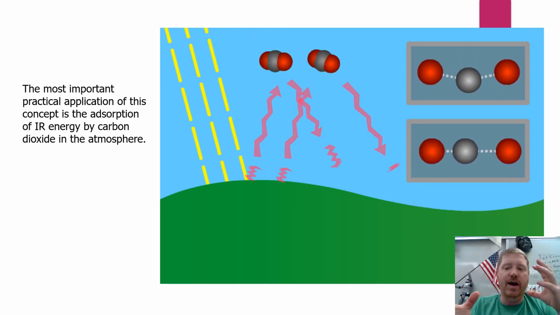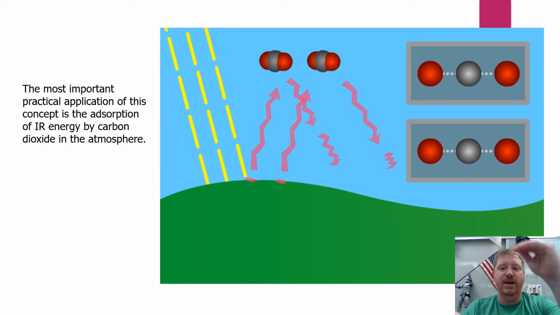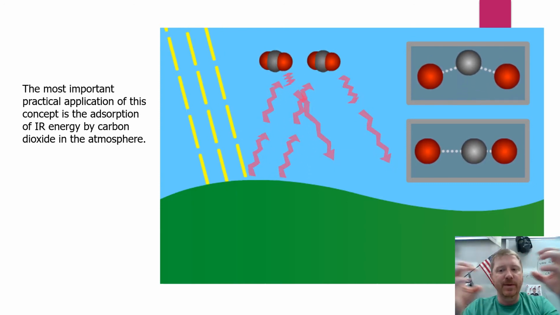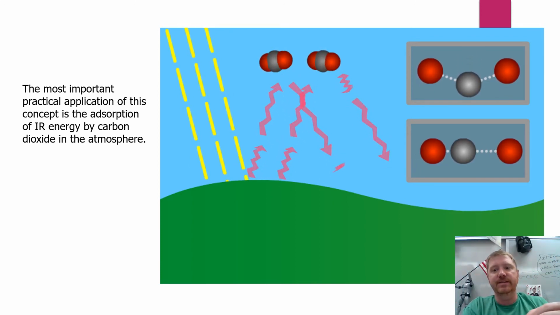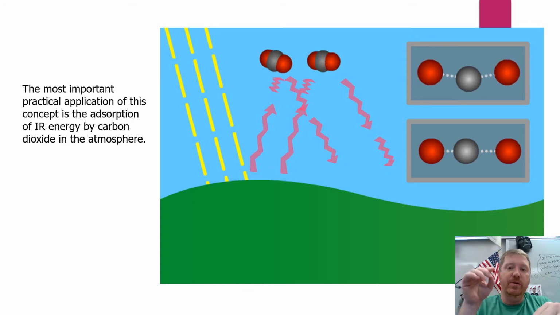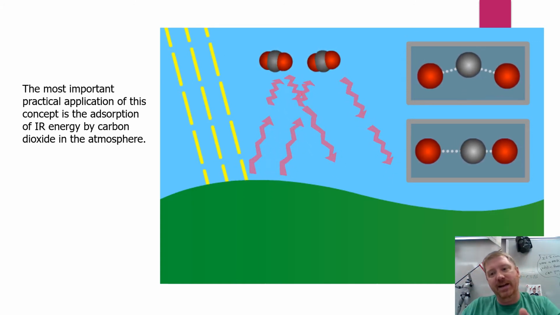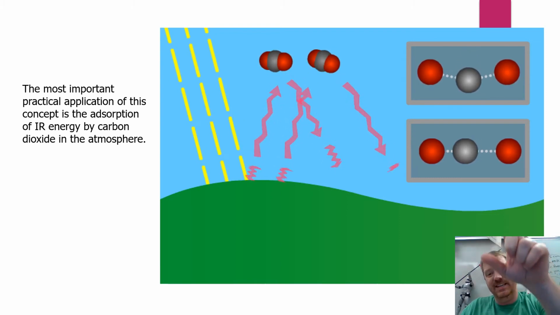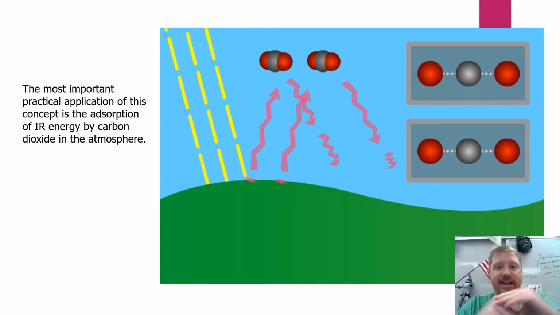So this is one of the ideas behind why the world is slowly warming up as we have more CO2, is because the double bonds in the CO2 are vibrating, and if there's more double bonds out there, they can hold more energy. When there were less, that energy that's traveling back up from the Earth would just keep going and wouldn't be trapped inside the planet like it is.